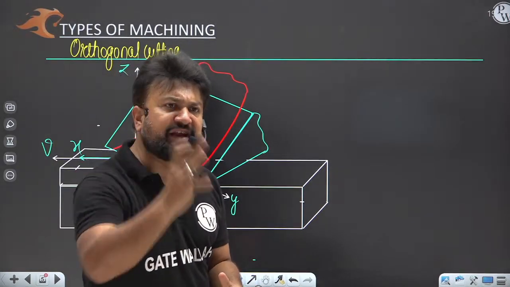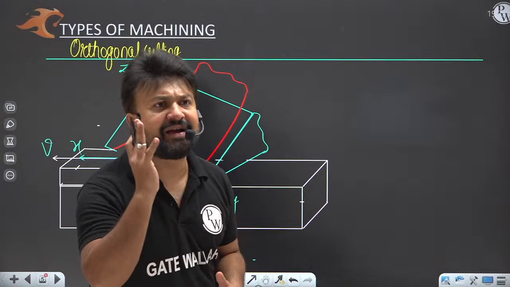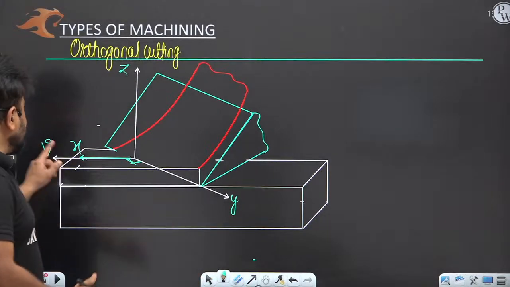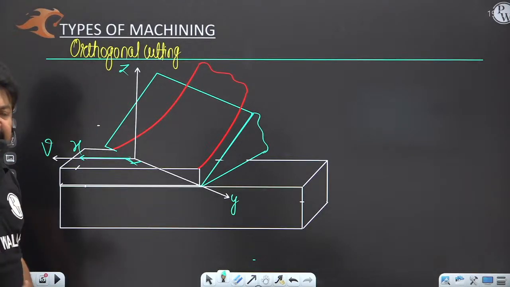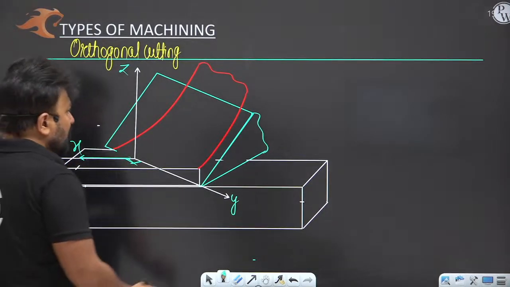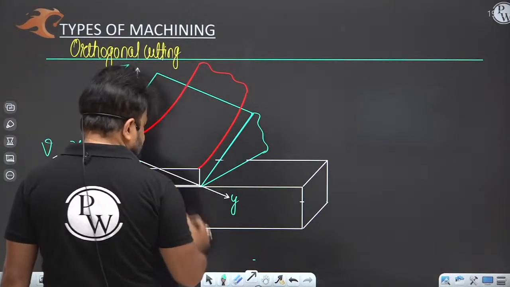This is the condition of orthogonal cutting, right? When the cutting velocity is perpendicular to the cutting edge of the tool, then this is the condition of orthogonal cutting.